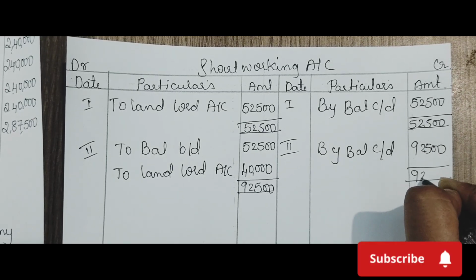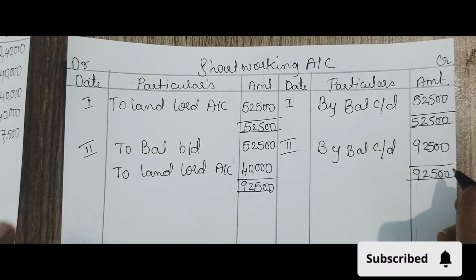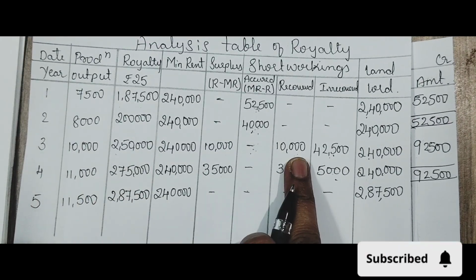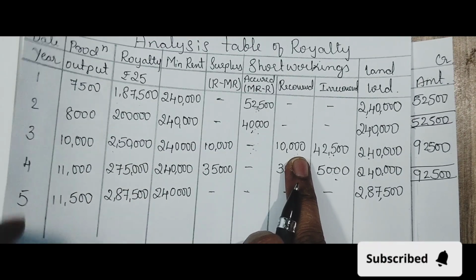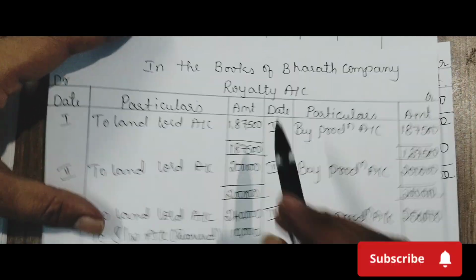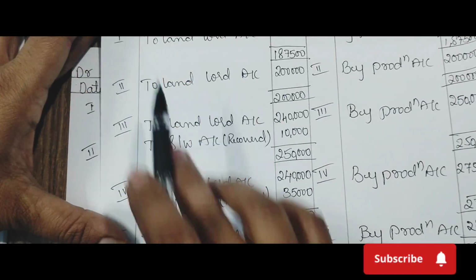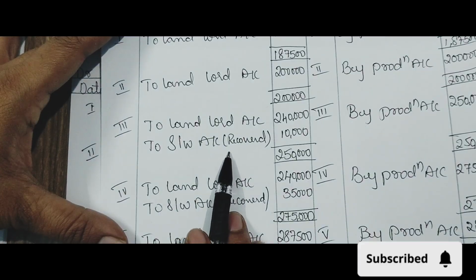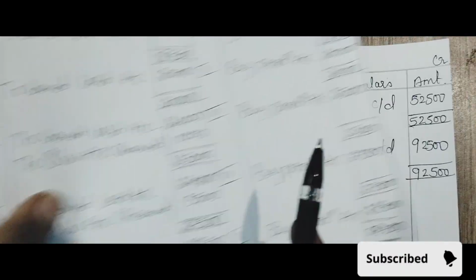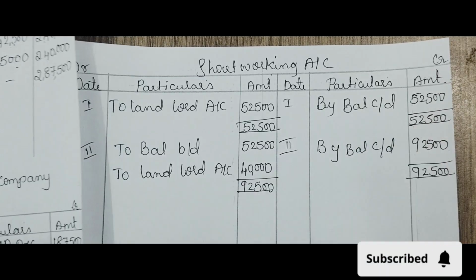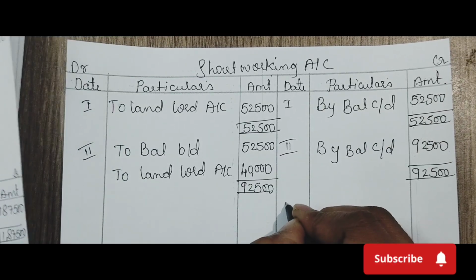Okay, now in the third year, you don't have occurred, you have recovered. So when it is recovered, you can see in the royalty account you have debited the short working account. So in the short working account you need to credit the royalty account.